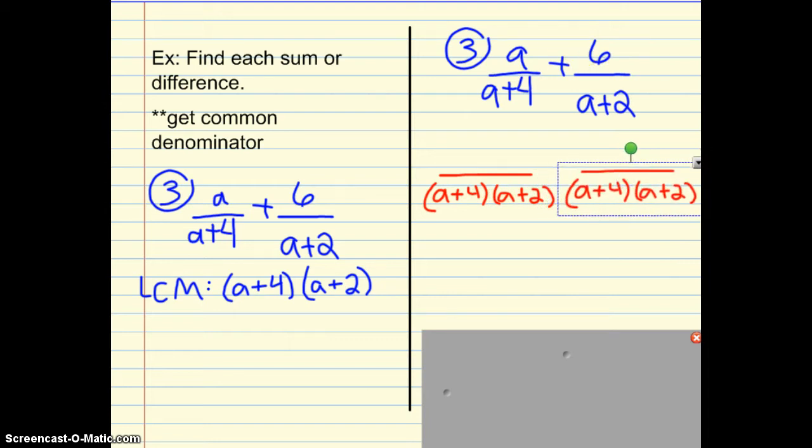And I think in the middle we have a plus sign. So then what'll happen on the top is, since I have the a plus 4 here, I'm going to be multiplying by a plus 2 on the bottom and the top. And over here, I'll be multiplying by the a plus 4.